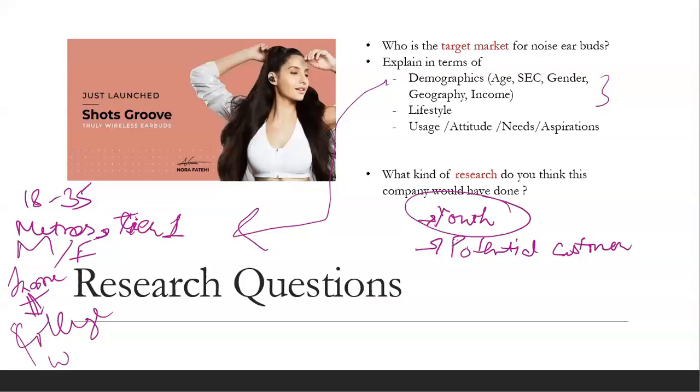And yes, working professionals, who have that disposable income, who can spend that much. Okay, this is the basics of these demographics. But if we define this target market more, what can you say about its lifestyle?